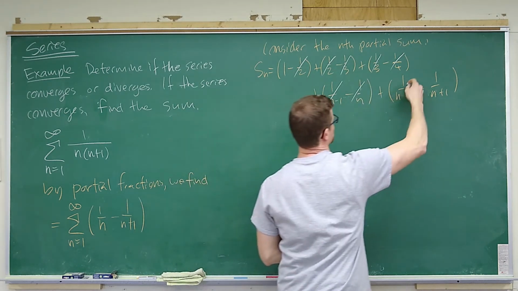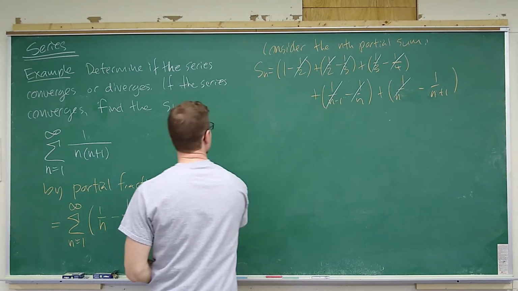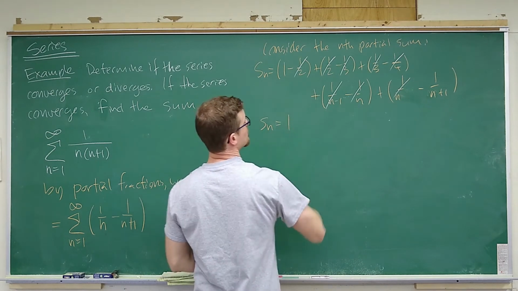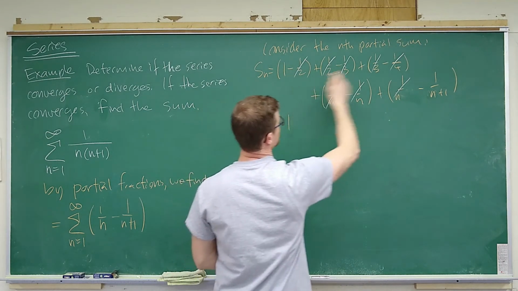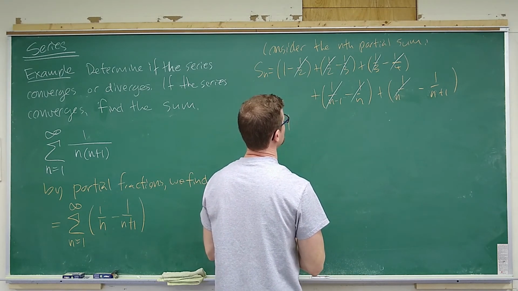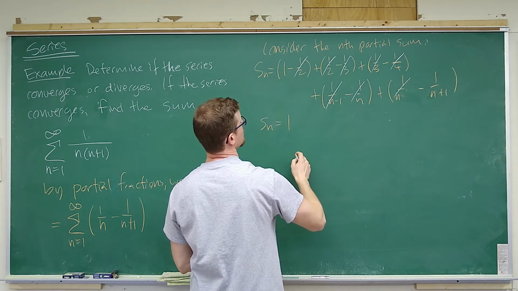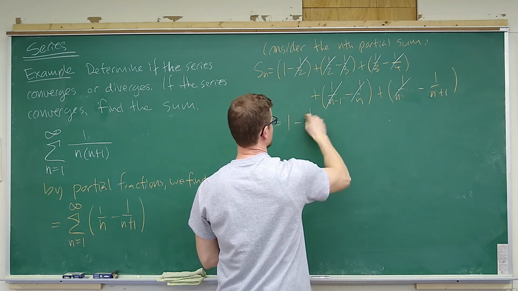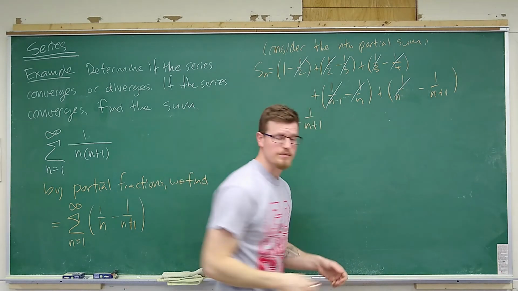So minus 1 over n plus 1 over n. And we get that the nth partial sum is equal to 1 minus 1 over n plus 1. There we go. That looks better.